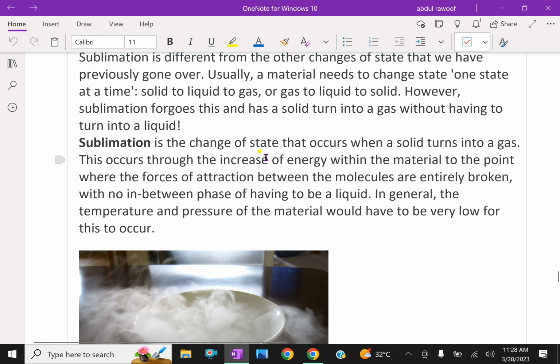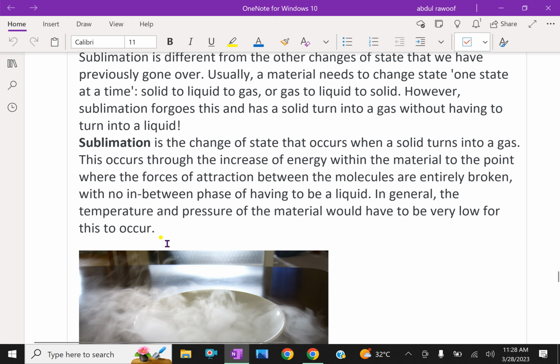Sublimation is the change of state that occurs when a solid turns into a gas. This occurs when the energy within the material increases to the point where the forces of attraction between the molecules are entirely broken, with no in-between phase of having to be liquid.